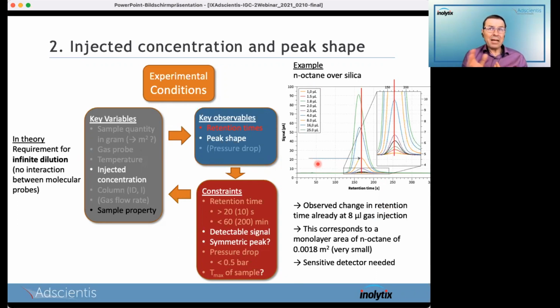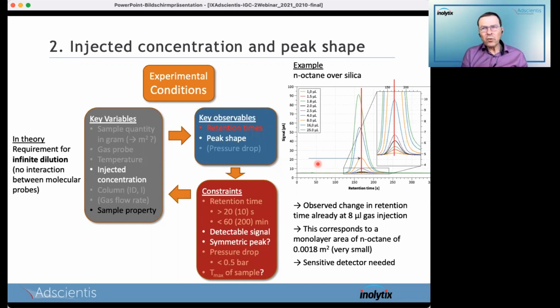This 8 microliter, we calculated this, corresponds to a monolayer area of N-octane of 0.018 square meter, which is very small, because sometimes you have 1 gram of silica, might be 100 square meter. You're really talking about low percentages of probe in this column. Yes, I know there is also the term surface coverage here.